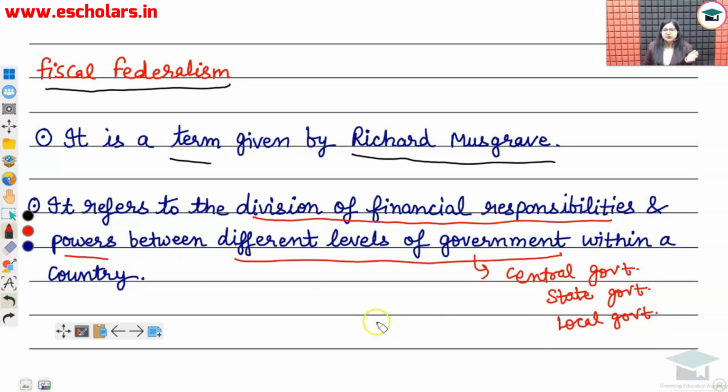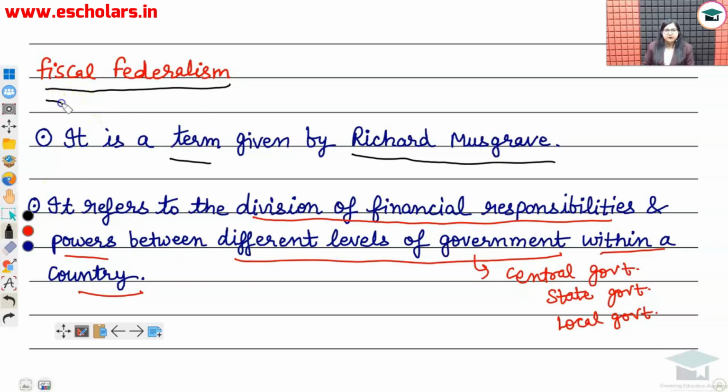Okay, or we can say different levels of government such as government at central level or government at state level or government at local level within a country. Okay, so what is fiscal federalism? It is basically allocating the financial responsibilities and powers among different levels of the government within a country.